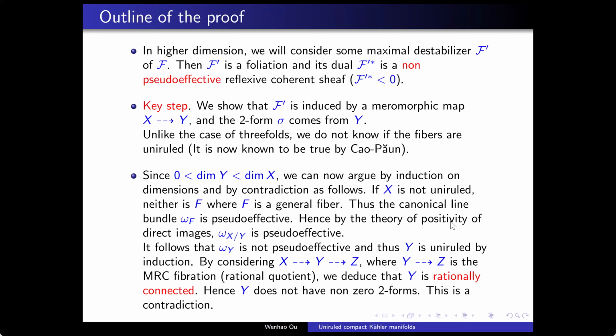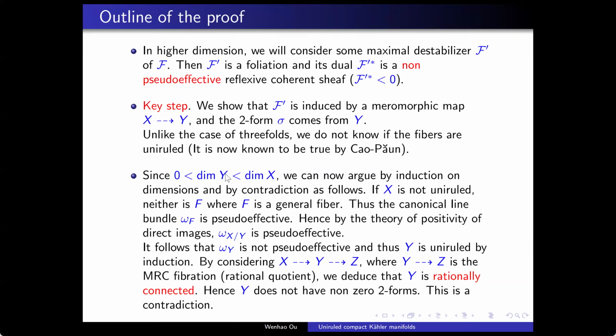Now, by the theory of positivity of direct images, we can deduce that this omega of X over Y is a pseudo-effective line bundle on X. So this is pseudo-effective, but omega X is non-pseudo-effective. We can deduce very quickly that omega Y is non-pseudo-effective because this is just omega X minus omega Y. So this cannot be pseudo-effective. So by induction again, Y must be uniruled on the base.